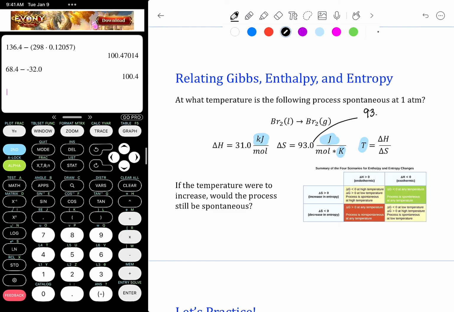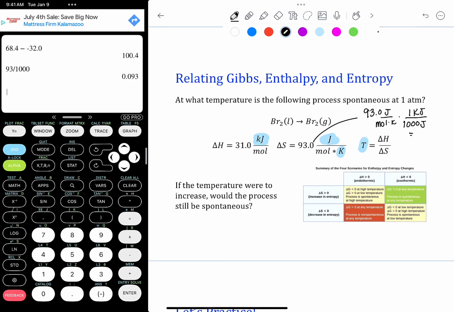So 93.0 joules per mole Kelvin, we're going to divide that by 1,000 to get kilojoules. So that's going to give us 93 divided by 1,000, 0.093 kilojoules now per mole Kelvin.